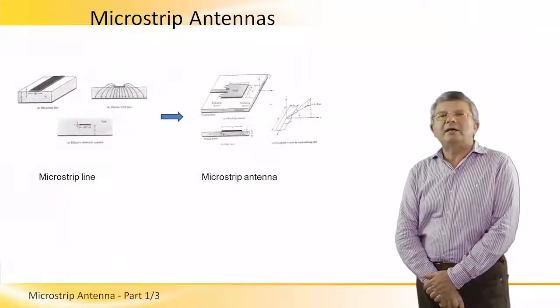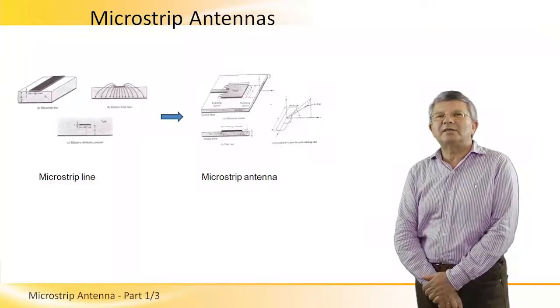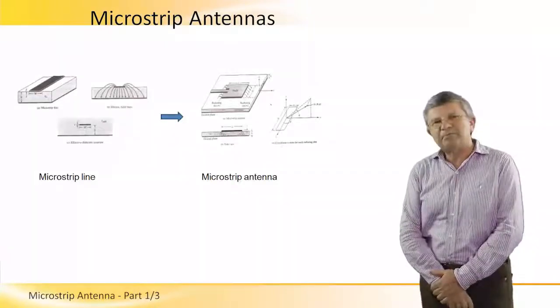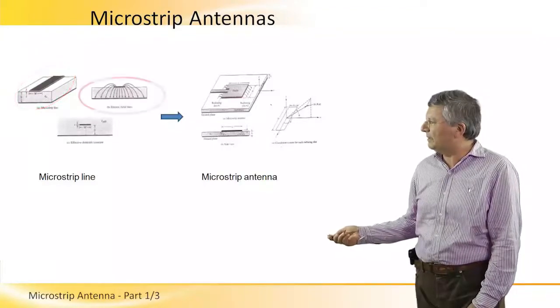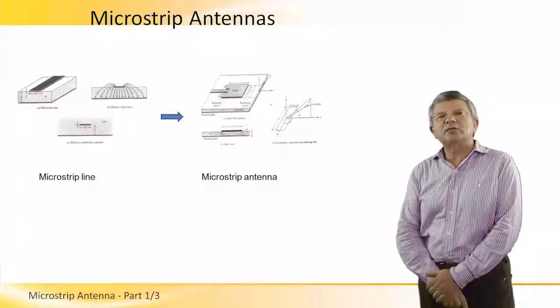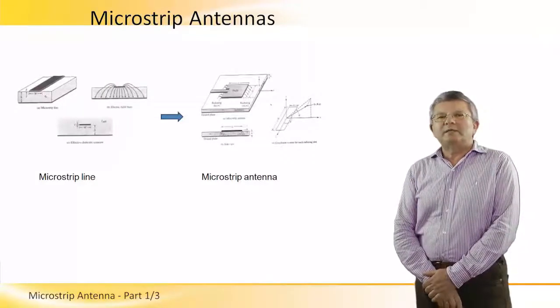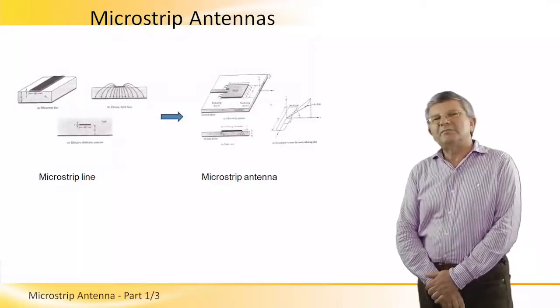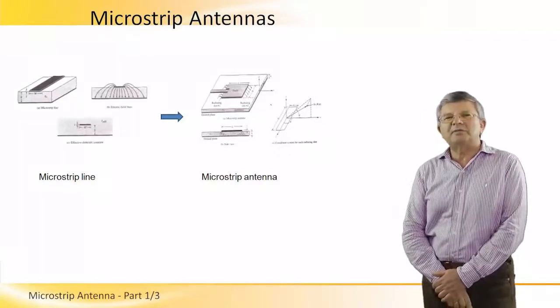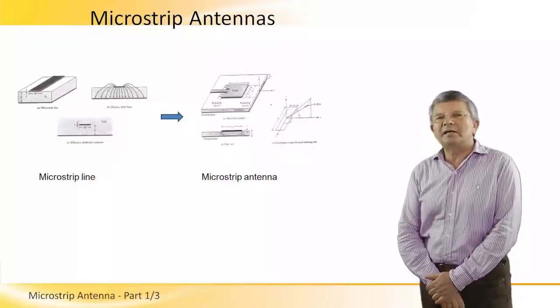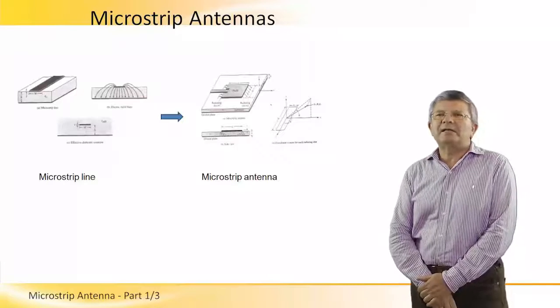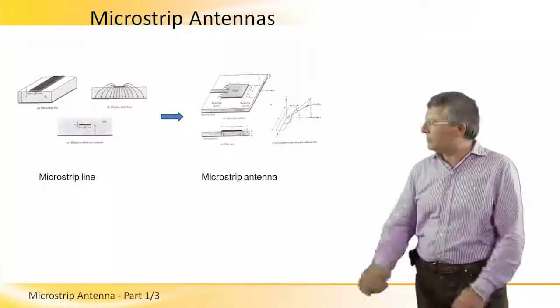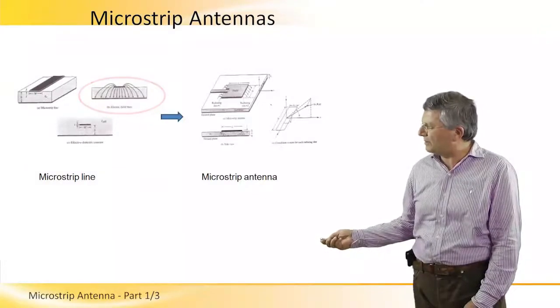Now let's see how we can understand better their radiation concept. Basically, the microstrip antenna concept traces back to the microstrip line, which we can see here. And here is the field distribution in the cross-section of a microstrip line. What is interesting to know is that even the microstrip line is able to radiate, and we can model the radiation from a microstrip line as equivalent to two radiating slots on each side of the strip here.